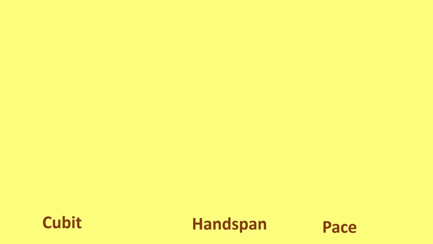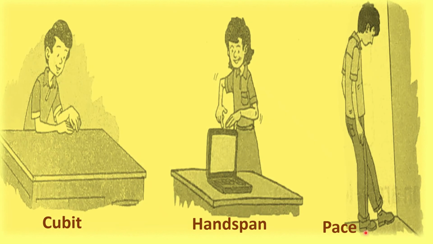That's why we used our body parts for measuring length. Now we are talking about a cubit, hand span, and a pace. Here are a few examples.